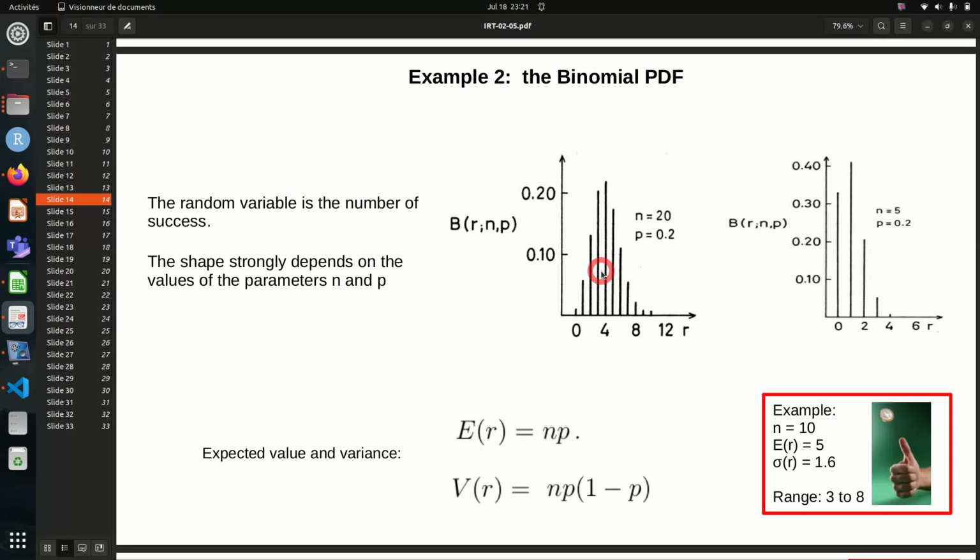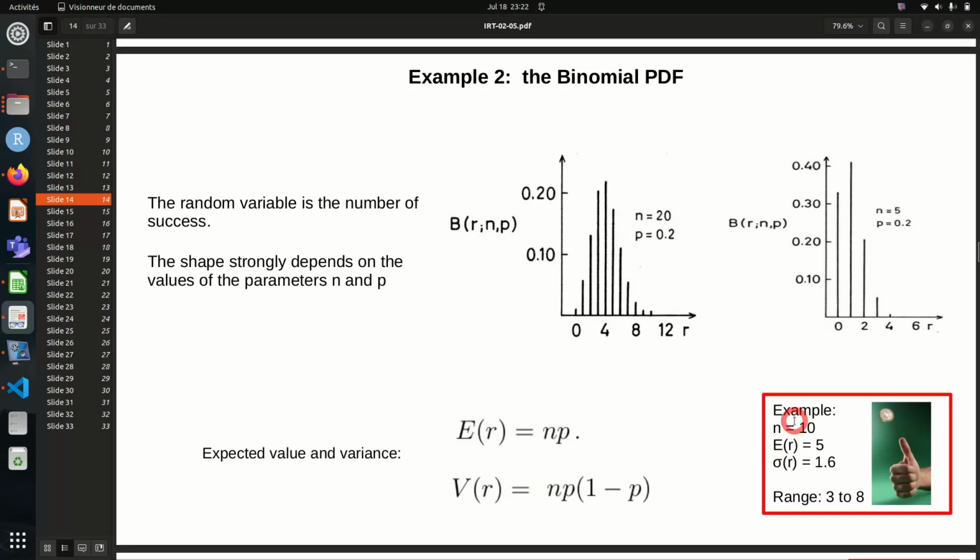We'll see that later. And we can, of course, compute the expected value and the variance using the same formula as we had before. And we have this extremely simple and sympathetic result about the mean value and the variance.